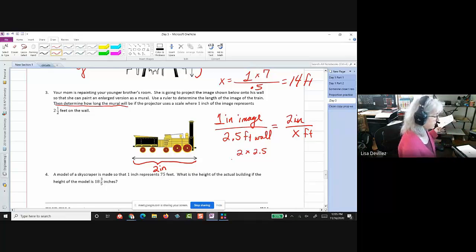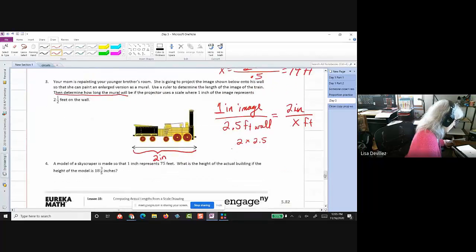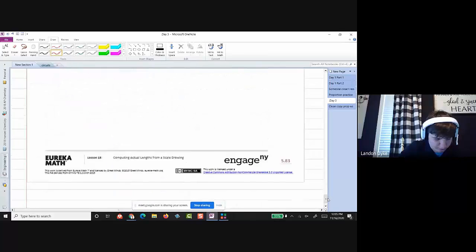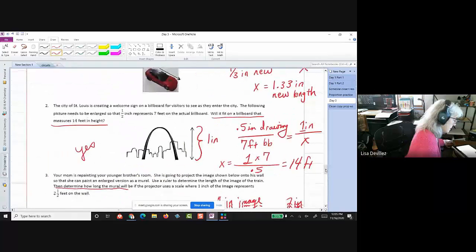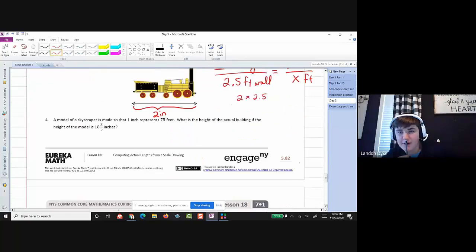So it'll be 5 feet long, the way that she's projecting it. My pen stopped writing and my software is locked up, so I can't write that now.